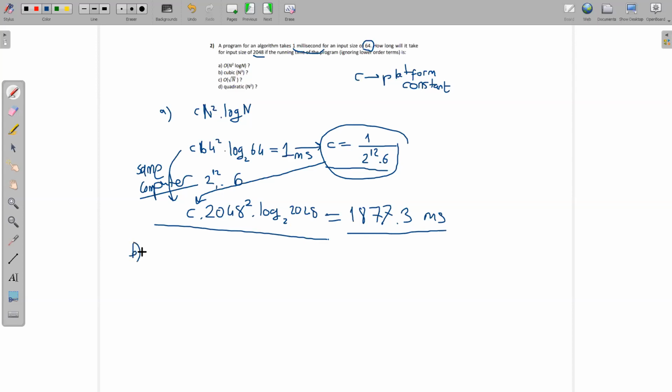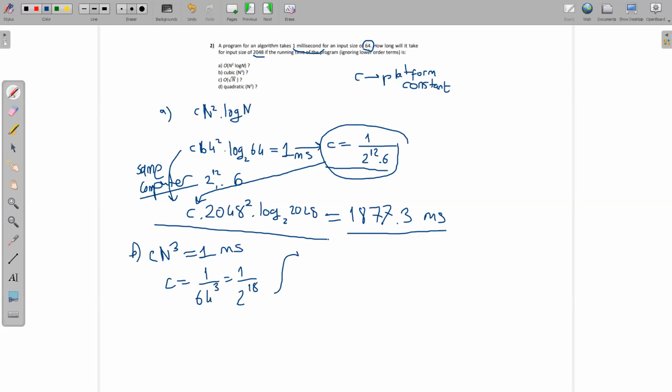Let's move on to B. If C times n cubed is 1 millisecond, with n equal to 64, then C is 1 over 2 to the 18, because 2 to the 6 times 3.